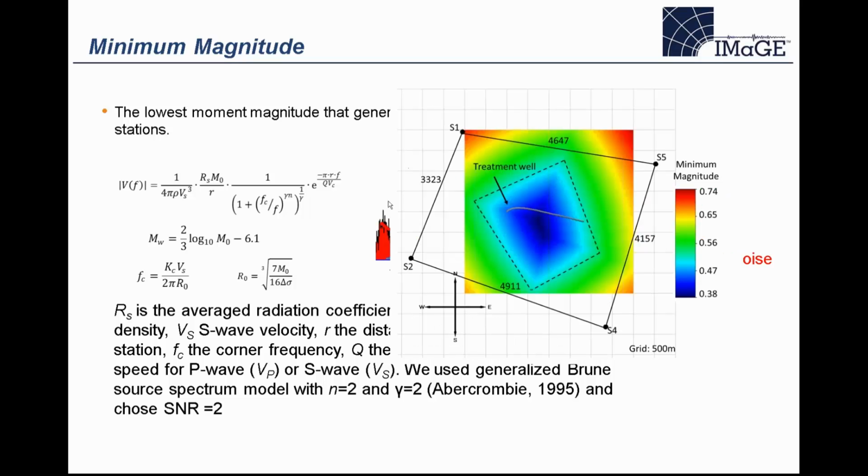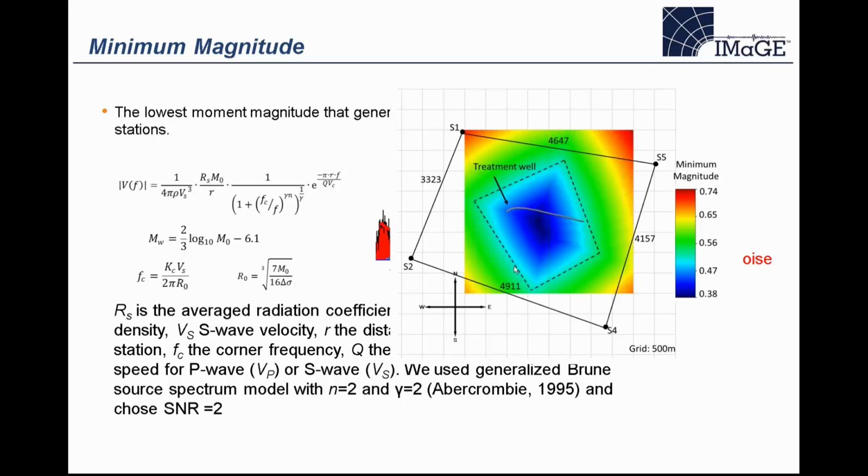So if we do that calculation on a 2D plane at the depth of the treatment, that's 2.5 kilometers depth, we can calculate the minimum magnitude on every single grid point. So you see a pattern like this. It requires all 4 stations to detect the signal. So you can see these blue-greenish areas kind of mimicking the rectangular shape on the surface.